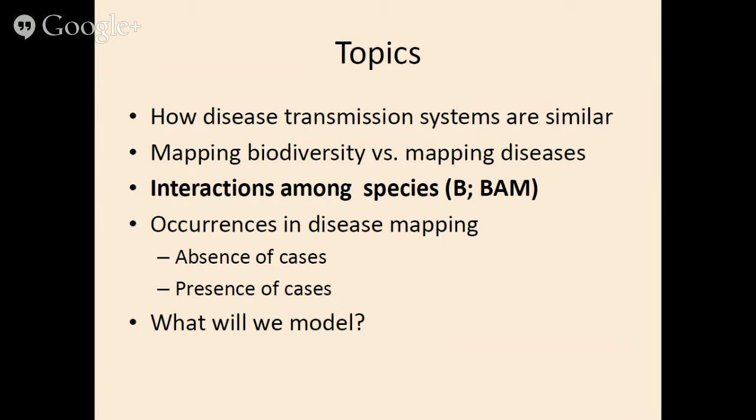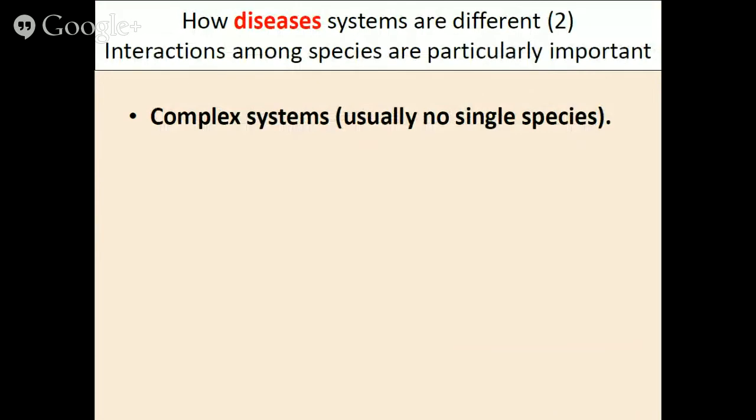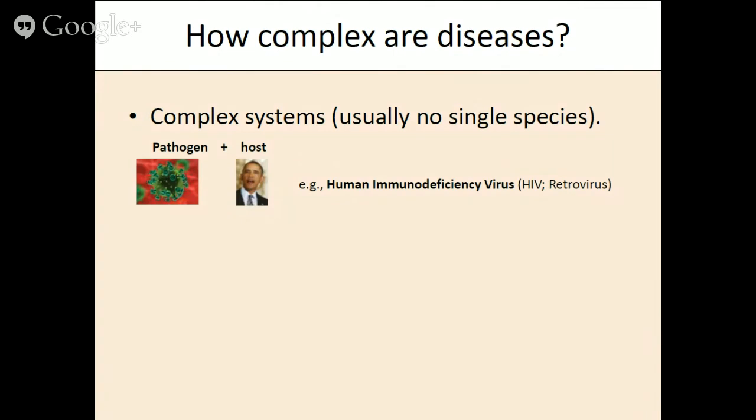Let's talk a bit about B in the BAM diagram. According to the previous talk, interactions among species are particularly important to model disease distributions, because usually we are not going to model single species. The most simple model in diseases includes at least two species, for example, the pathogen and the host. One example of these systems is HIV, which is a virus.